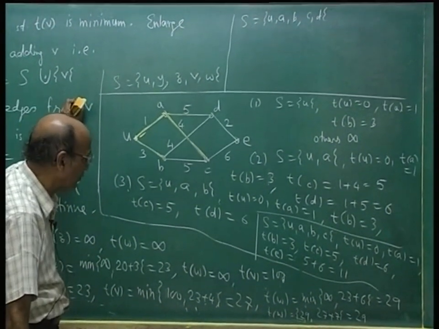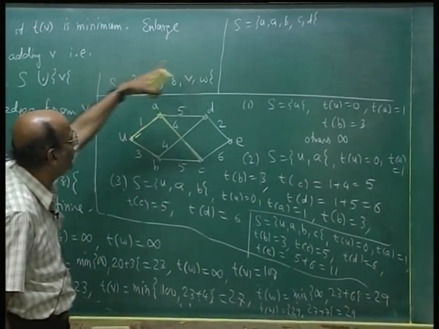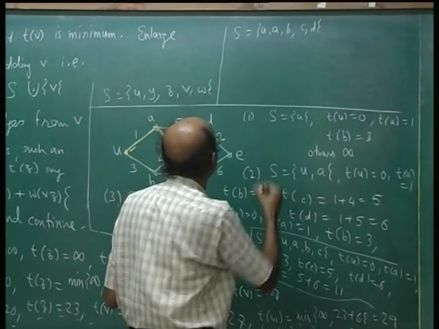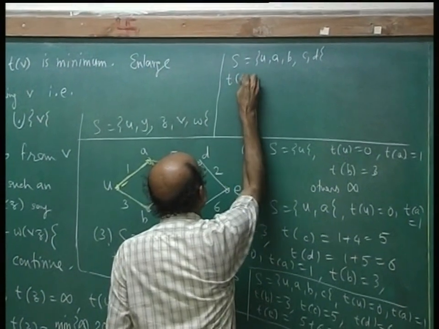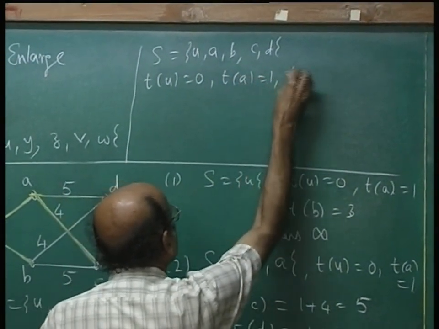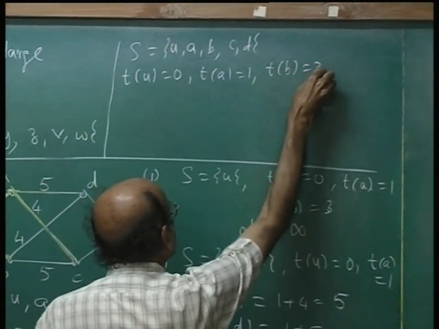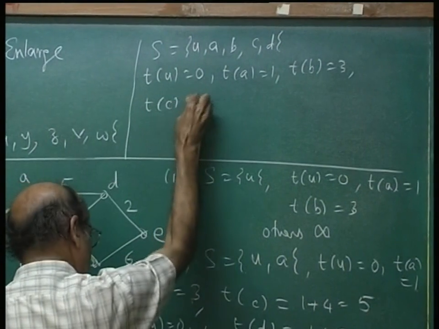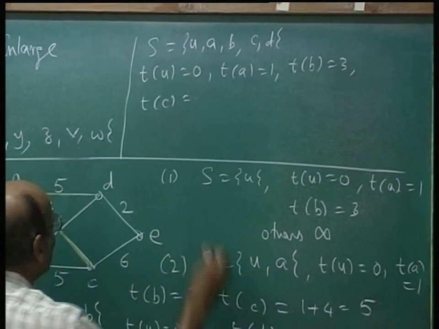T of D is 6, so that's okay. So all these are fine, yeah. T of C is 5.